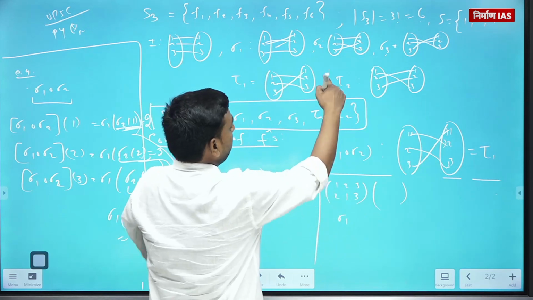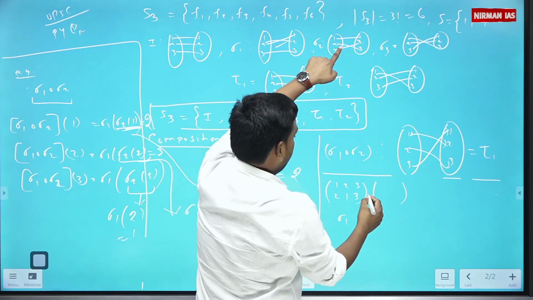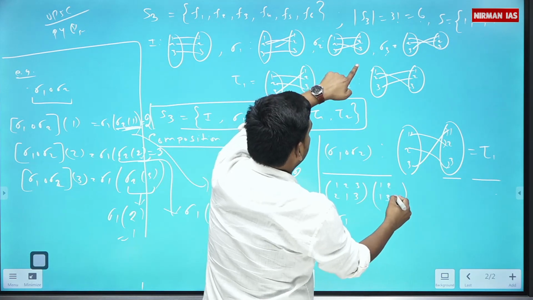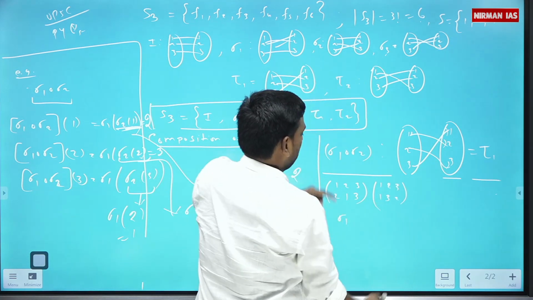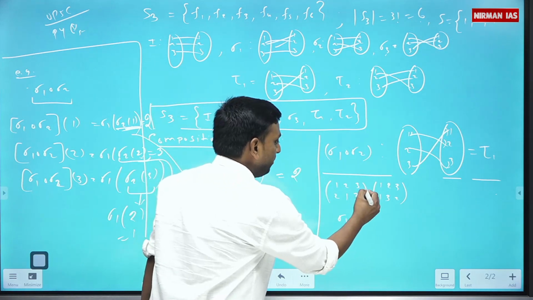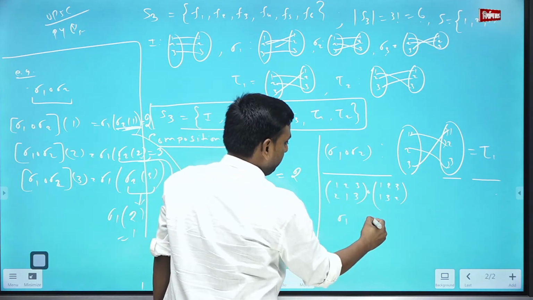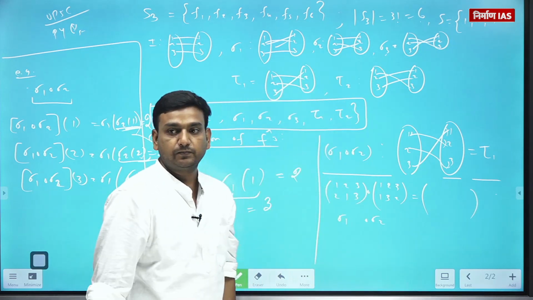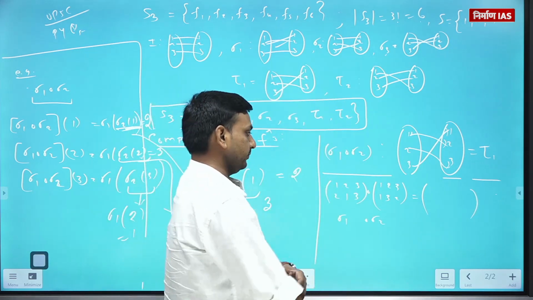What is sigma 2, dear? 1 is mapped to 1, 2 is mapped to 3 and 3 is mapped to 2. Now I want to compose sigma 1 composition sigma 2. Is it visible? Yes, fine.